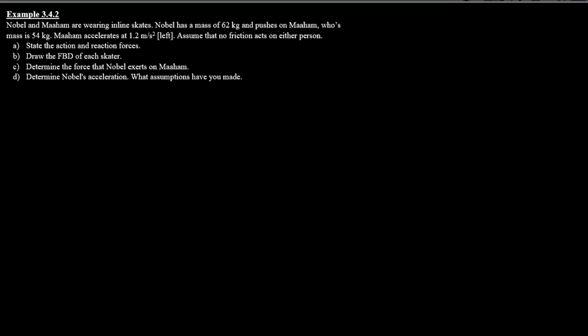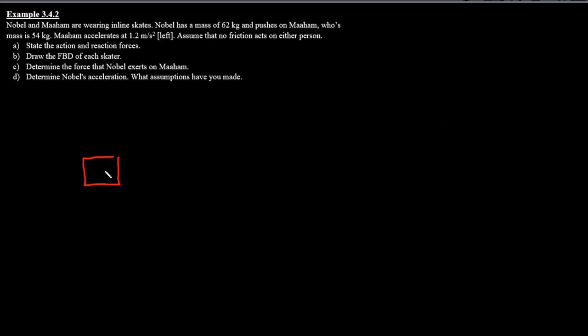Okay, so again, let's start by drawing the free body diagram of each of our objects. Now, you have to think about both of our objects here and that it says Mayhem accelerates to the left. So because of that, we have to assume that Mayhem is going to be located to the left of Nobel if these forces are exerting on each other, and Mayhem moves in that left direction.